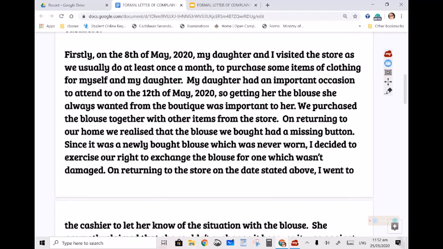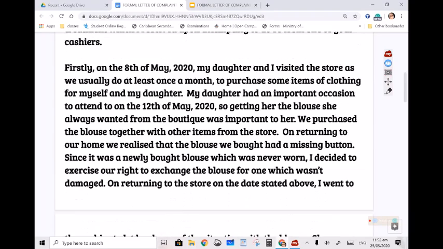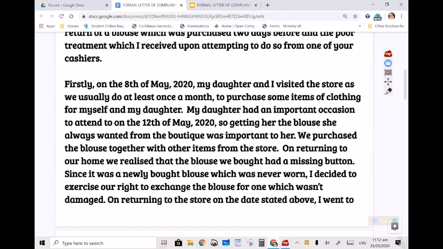Okay, then we go on to the second paragraph. We have "firstly," and notice that we used the word firstly, which is a transitional word, "on the 8th of May," and we use dates as well, because we are trying to actually explain and pinpoint to the manager exactly what occurred and on what date, so he or she would be able to track back and try to get the information on their side to assist us as best as possible.